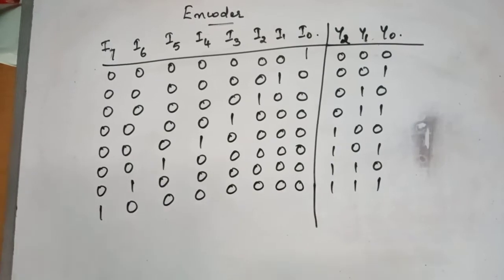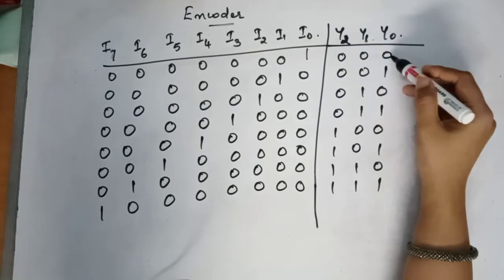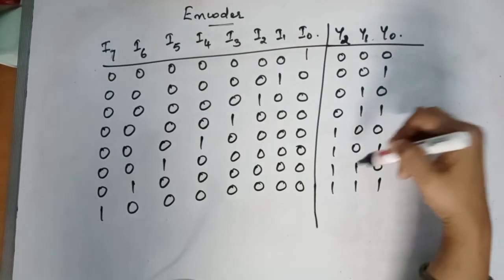So this is my truth table. I have 8 input lines and 3 output lines. Only one input line is 1 at a time. All the rest are zeros. Depending on which input line is 1, I'll get the output. So output is 0, 1, 2, 3, 4, 5, 6, 7.